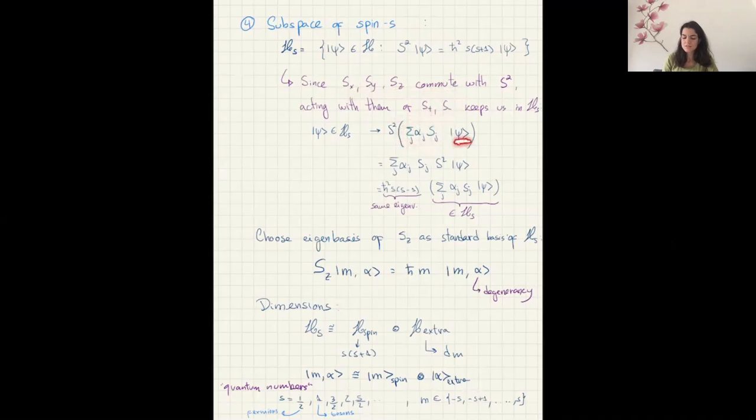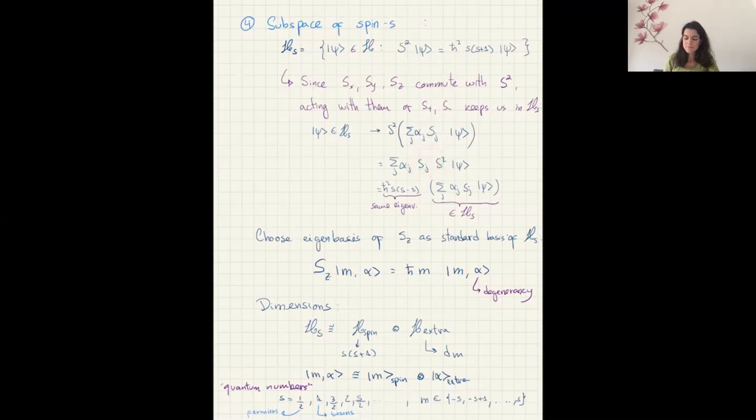And we act with it on some state, and this state should belong here, which means that if we apply S squared, then we get this eigenvalue. Because all of these operators commute with S squared, if we then apply S squared to the whole thing to see if we're still in the same space, it can go inside the linear combination and commute to the other side of Sj.